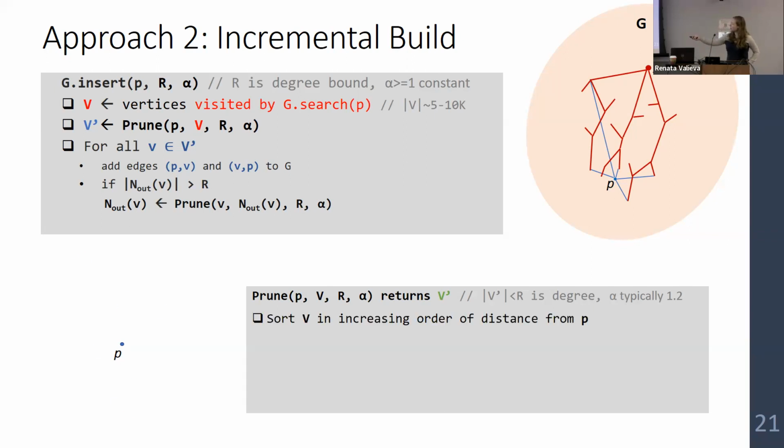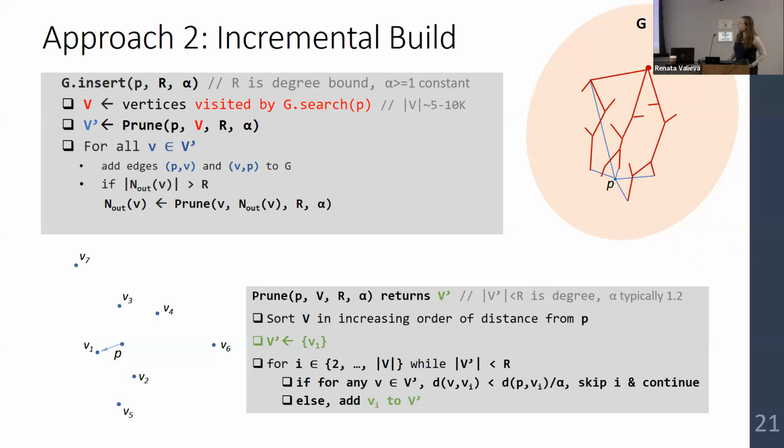So we start by sorting V in increasing order of distance from P. So here I've shown in order 1 to 7. And at the beginning of the search, we add the closest neighbor to P that isn't already added. So we just take the closest neighbor to P that hasn't already been eliminated by the pruning and add that to P. And then we do the following procedure on the remaining candidates.